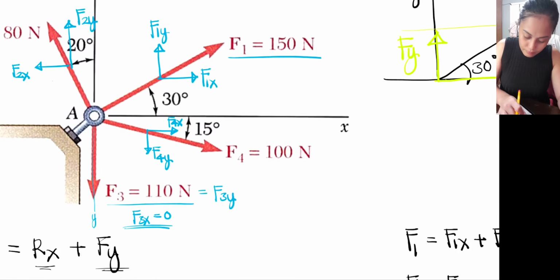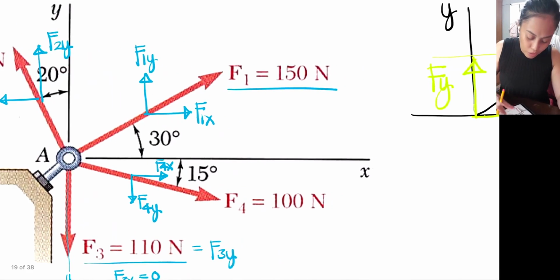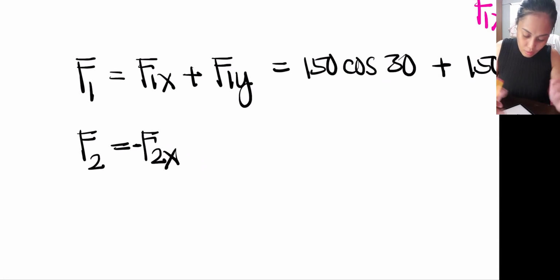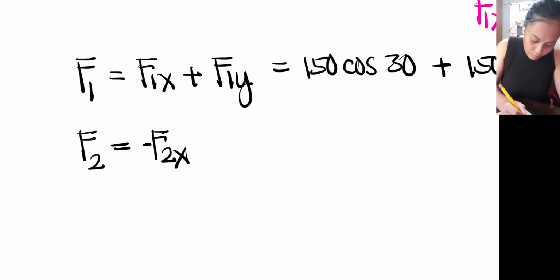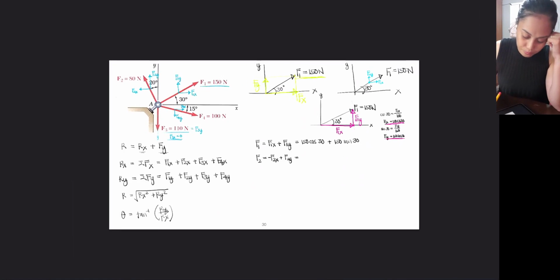Ang y component of this force, or the rectangular component along y, is pasaka towards positive y. So, positive ang iyahang y component. Again, negative ang iyahang component along x plus F2y.